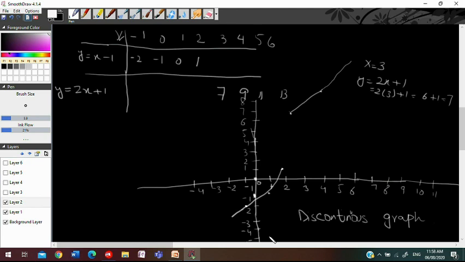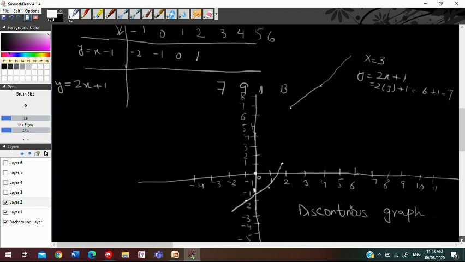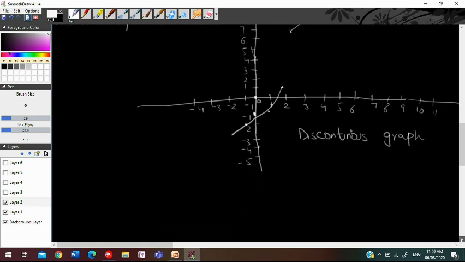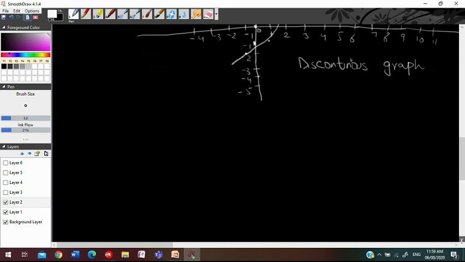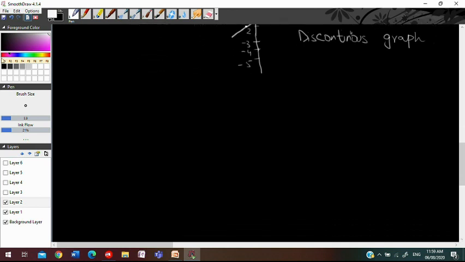At question number 4, find the graphical solution of the following equation. The last question of the exercise. Question number 4: x is equal to sine 2x.